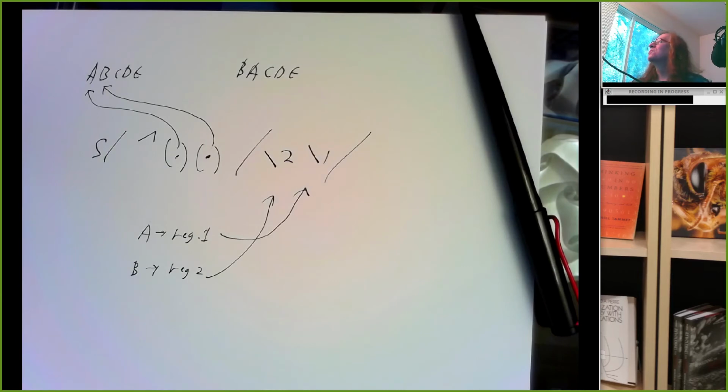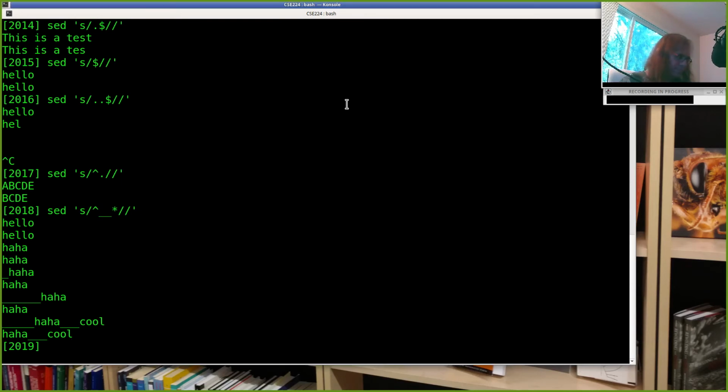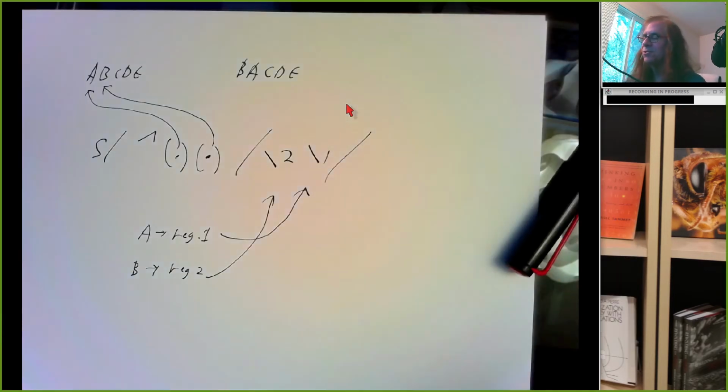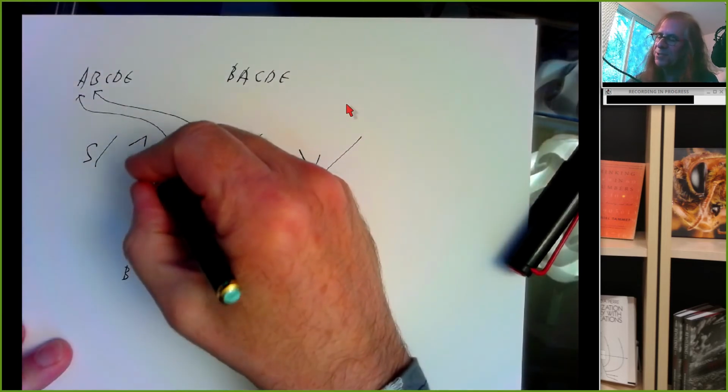Alright, so let's try this. Oh, and one more thing, just to make it even more fun. Parentheses, when we use them in this way, we have to escape them.